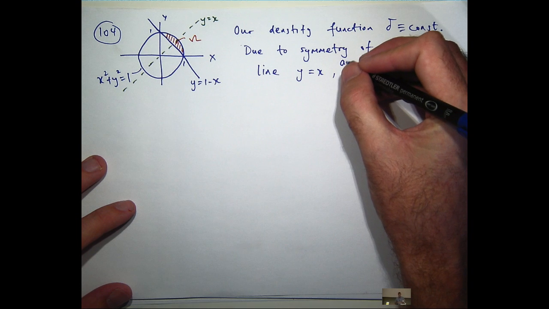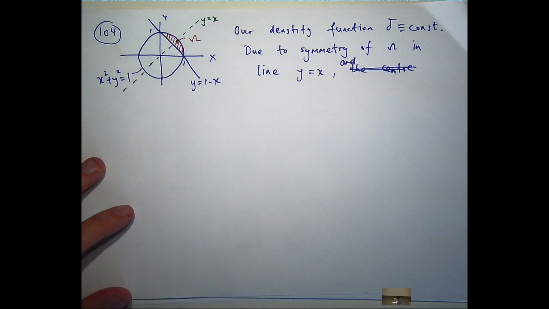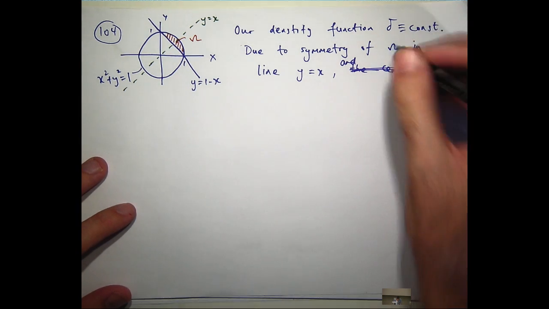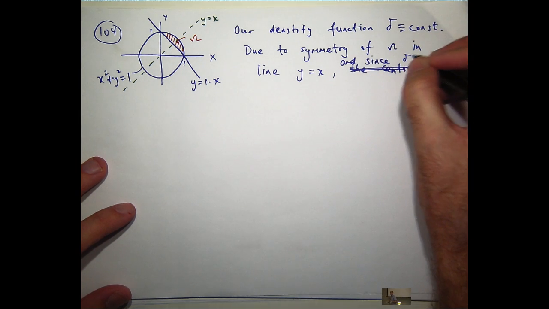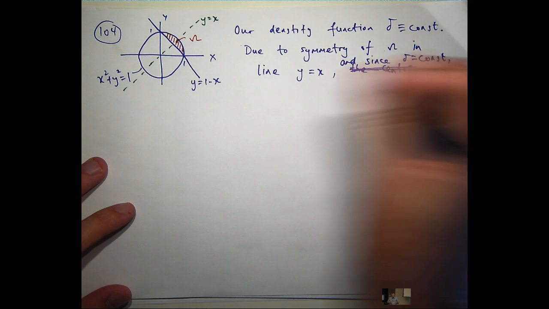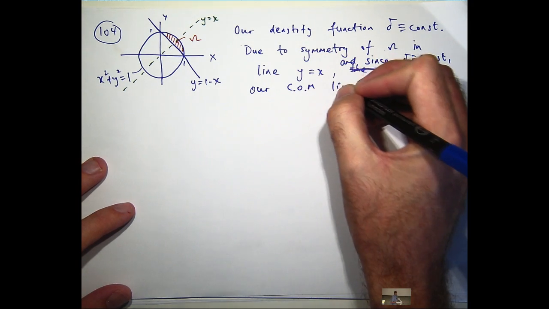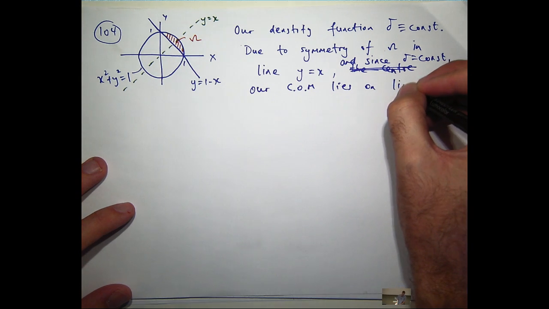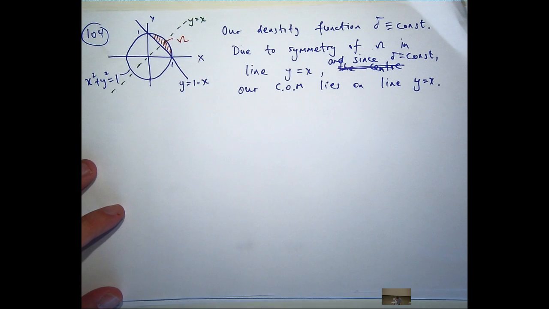Will it be the midpoint of AB, at points A and B at the intersection of? No, not necessarily. I don't think so. We can find out though. Our centre of mass lies on the line y equals x.